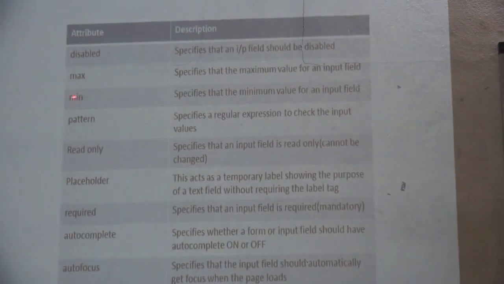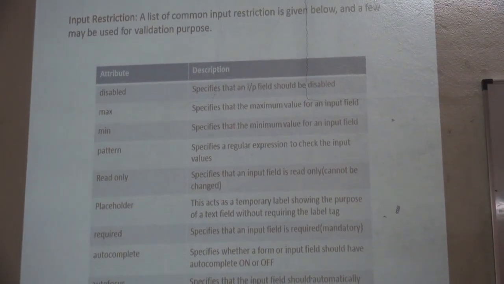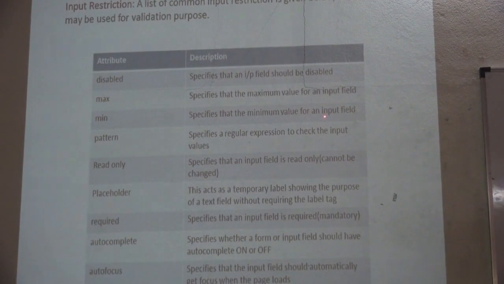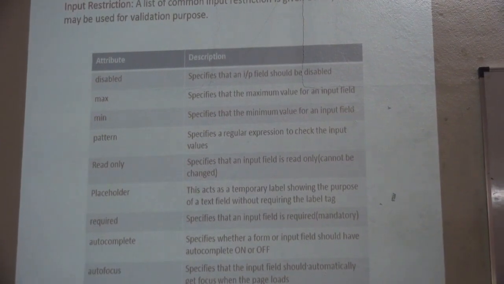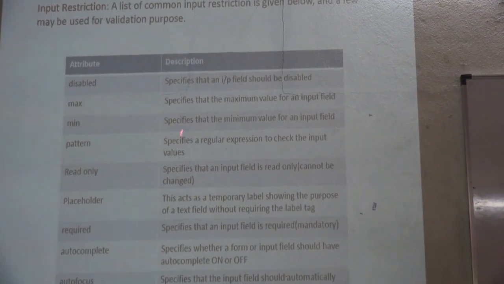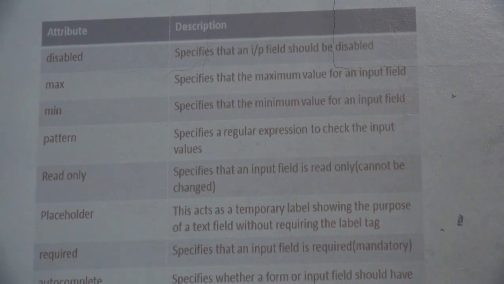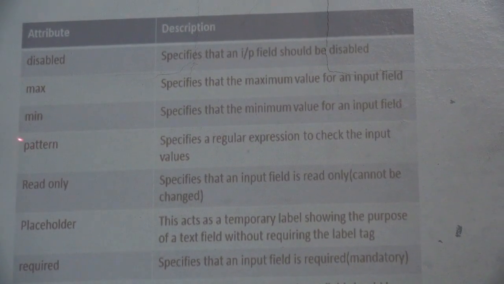Then the third field is min. Min is minimum, which specifies the minimum value for the input field. For example, if we are using initials, we are having 3 letters, so that is the minimum value. And the next field is pattern.